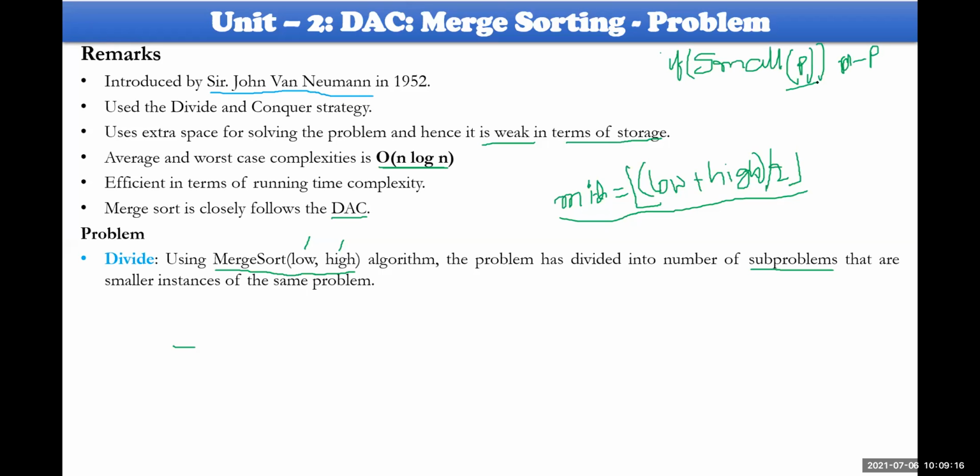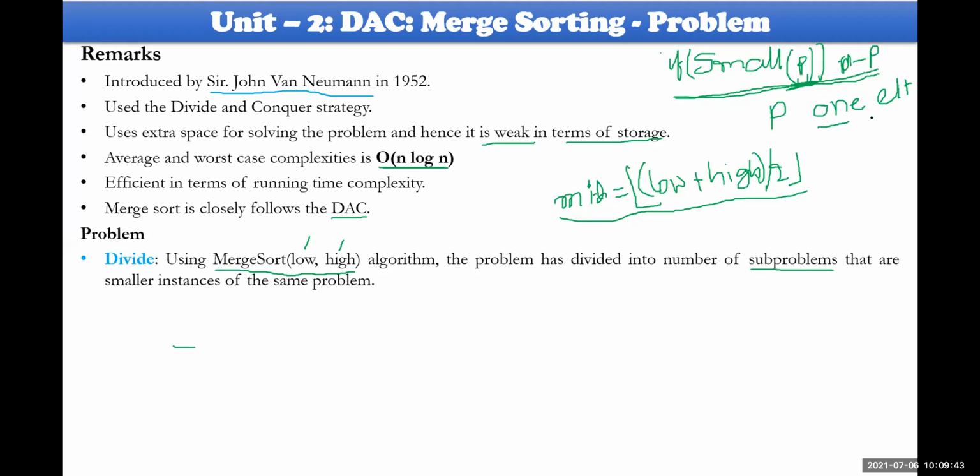When small of P becomes true, divide and conquer takes this as the base condition for recursive calling. The recursive division stops when the problem P has only one element, a single element.